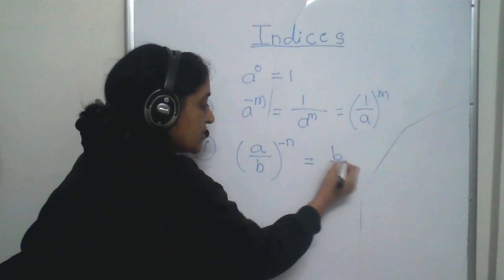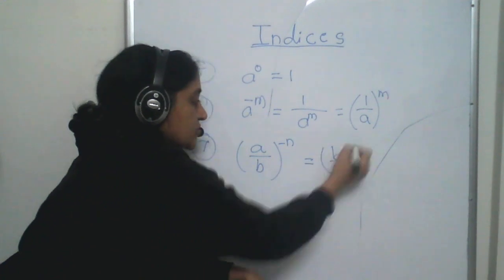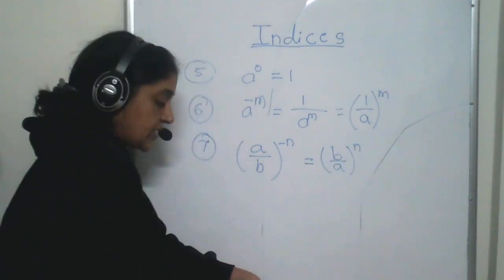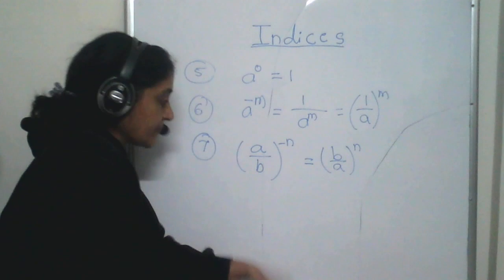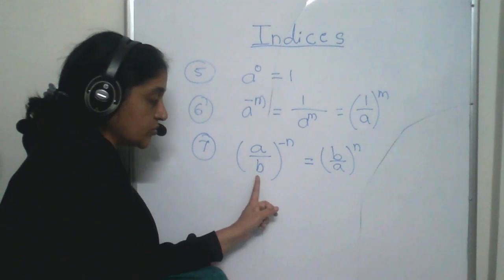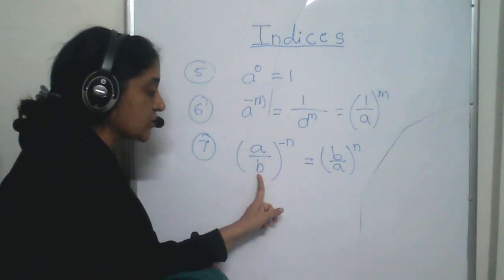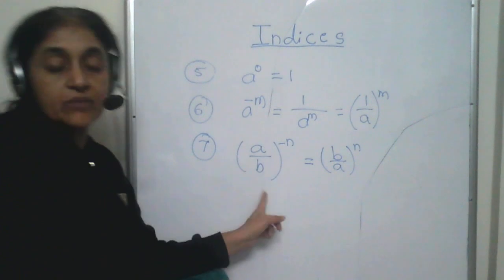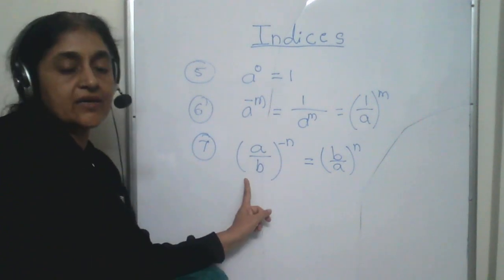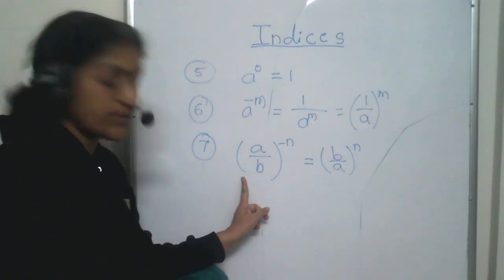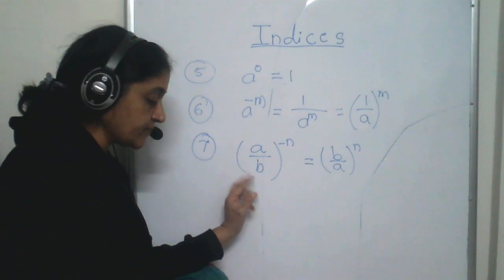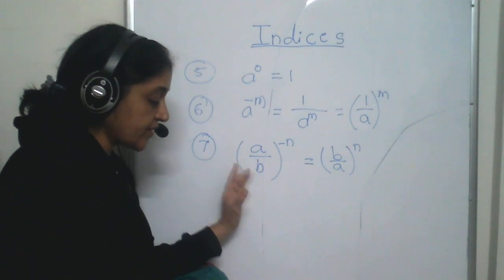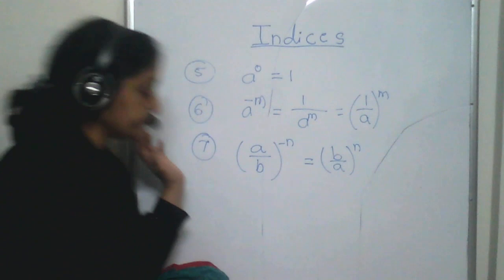That means b by a raised to the power n. Now here b is not supposed to be 0. Why? If b becomes 0, the whole fraction becomes undefined. Anything divided by 0 is not defined. That's the care that you have to take.